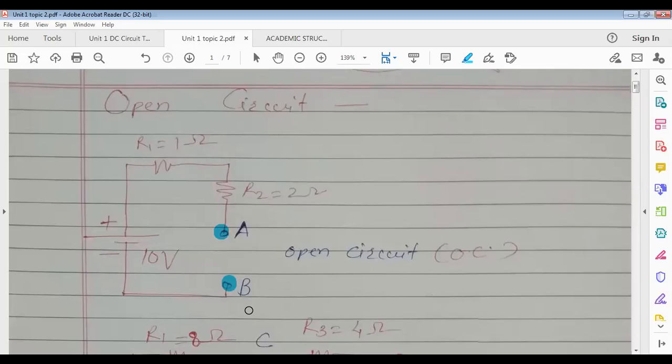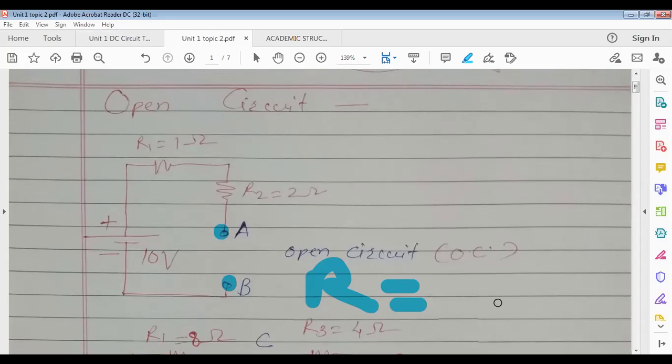So this is called an open circuit. Open circuit means current can't flow from A to B, so resistance is how much? Infinity, correct. Current can't complete its path through air.